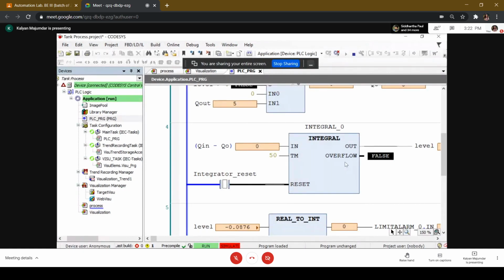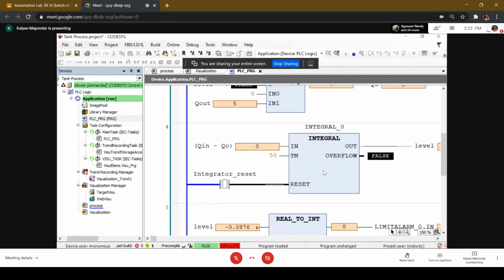What is integrator overflow? Normally the input and output data types of this integral function are real, that is a 32-bit representation. If the integrated value becomes larger than something that can be held by a 32-bit real number, then overflow occurs. Not really meaningful in our case.